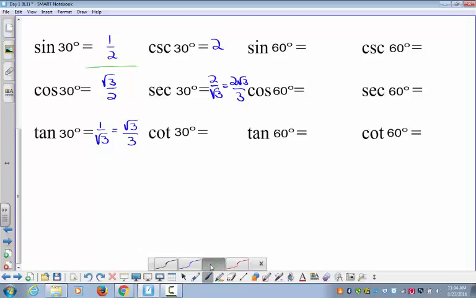And you get 1 over root 3. Either way. Cotangent of 30. Which of these fractions is the better one to flip? The first one. Because then you don't have to deal with any rationalization. You're already good to go there. It's already rationalized. Denominator is already rationalized. Good.